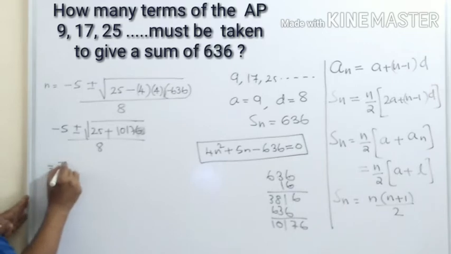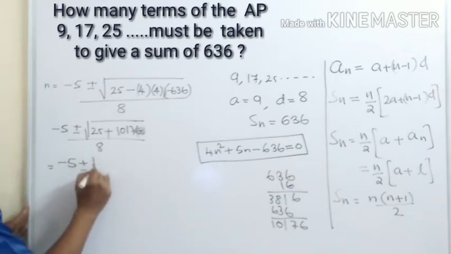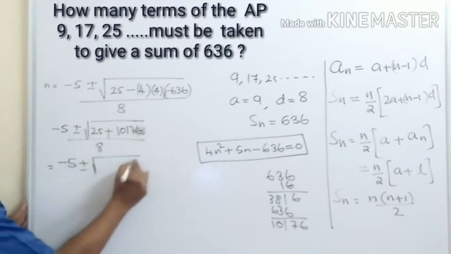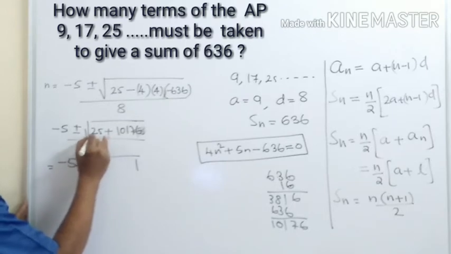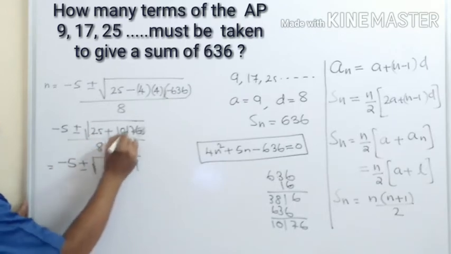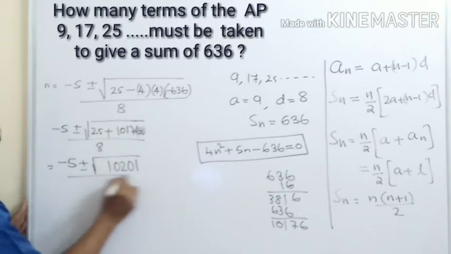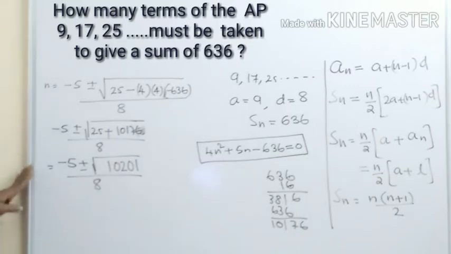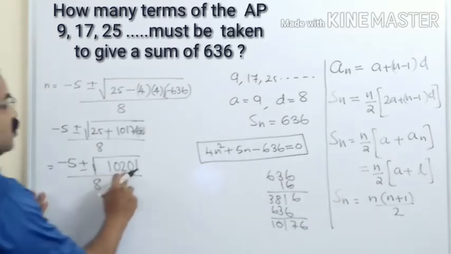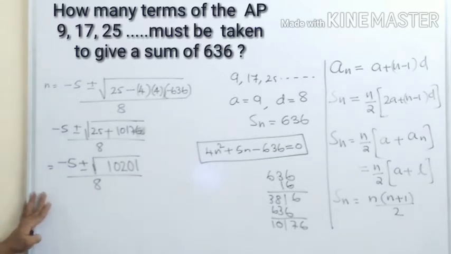So this will become minus 5 plus minus root 10201 divided by 8. So we know 10201, what is the root of 10201?